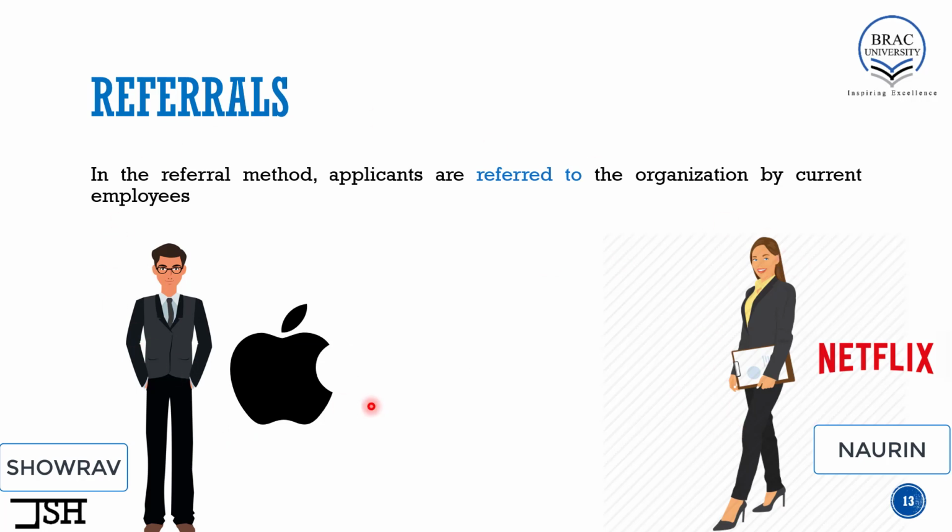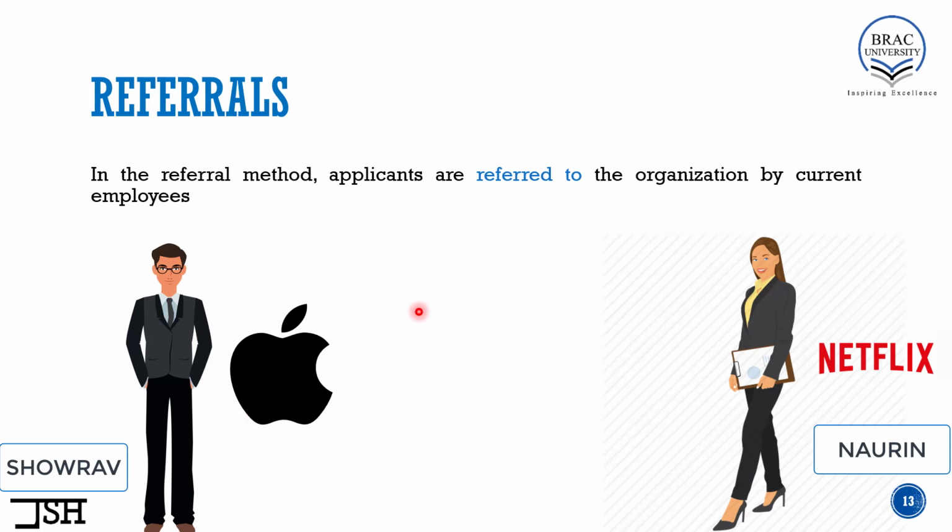Now these two are university friends. Both of them graduated from Brack University, so they are very close friends and they know each other very well. Now say there is suddenly a job opening at Apple. So what Saurabh does is he goes to his boss and says that yes, he knows Noreen, who's a very shining employee of Netflix, and Saurabh believes that hiring her is going to be a very good decision for Apple.